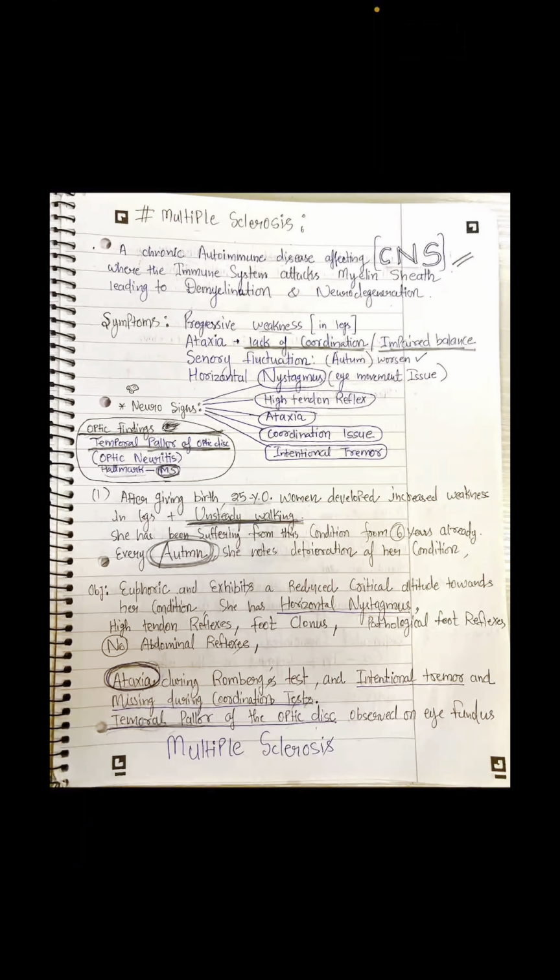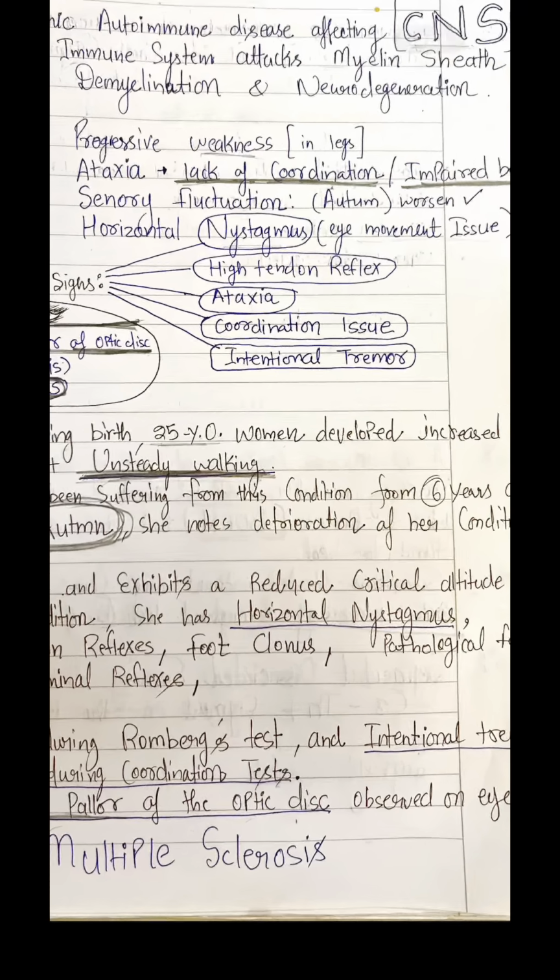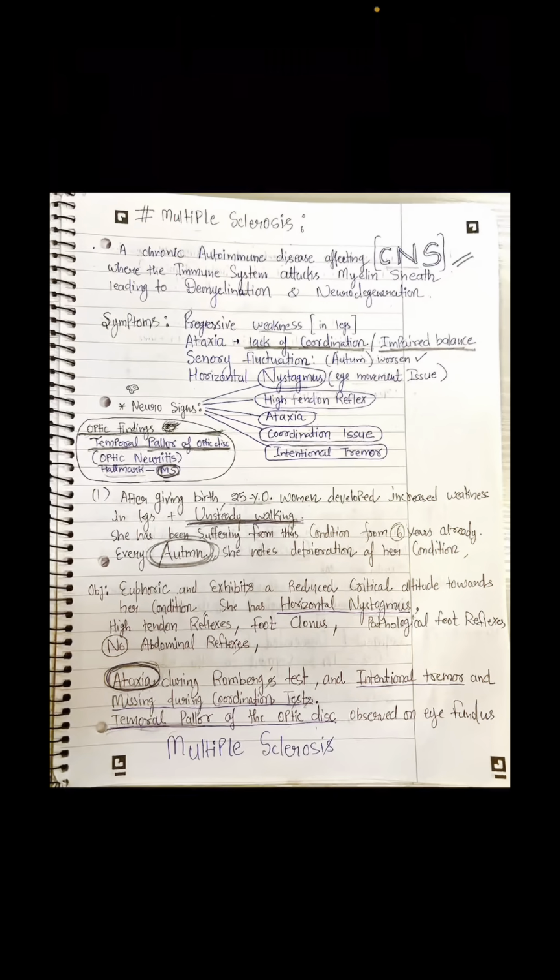After giving birth, a 25-year-old woman developed increased weakness in the legs and unsteady walking, because the problem is sensory this time. Objectively, I want to highlight that horizontal nystagmus is given. It is a hallmark finding for multiple sclerosis, along with ataxia, as she cannot coordinate anymore because of the sensory problem.